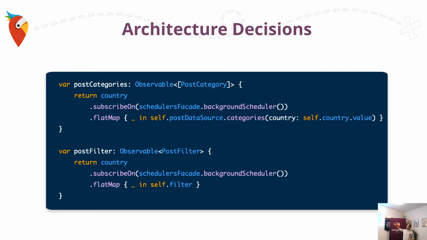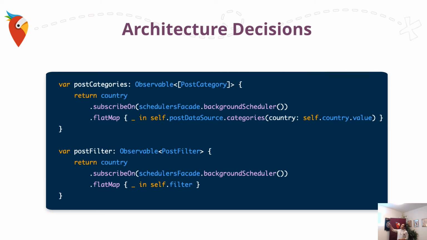But right now, we are just listening to the value of the country, which on our side is a behavior relay, if you are familiar with this concept. Any data that's being sent on this stream, we just listen to that, and we can ask our post data source to fetch the categories with the current value of the country. So whenever our country changes, the request will be fired.